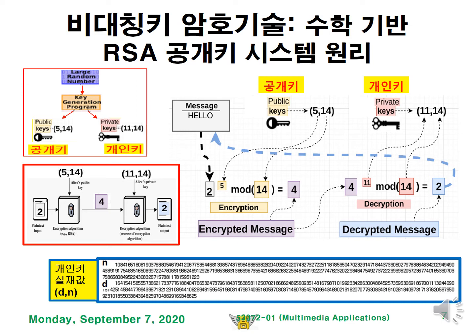The decryption process uses the private key, which consists of 2 integers 11, 14. So asymmetrical key encryption and decryption use mathematics, real number theory.